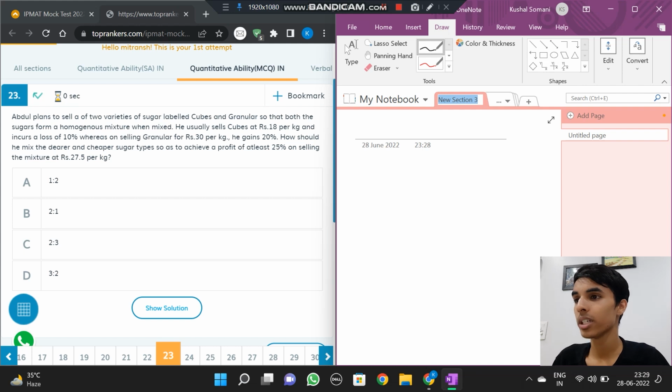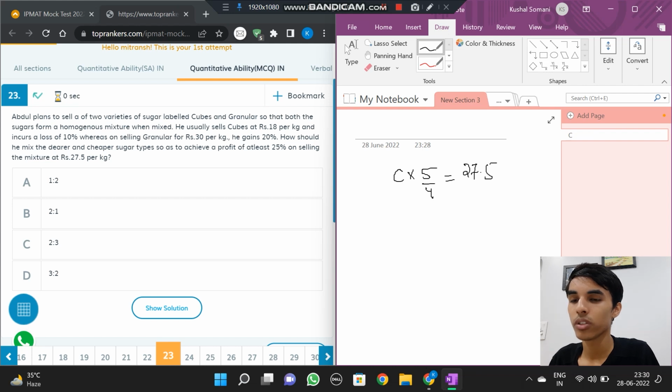How should he mix the dearer and cheaper sugar types so as to achieve a profit of at least 25% on selling the mixture at rupees 27.5 per kg? So we need 25% profit on selling the mixture at 27.5 per kg, which means that the cost of the mixture should be such that C into 5/4 is equal to 27.5, which gives us C as 22.